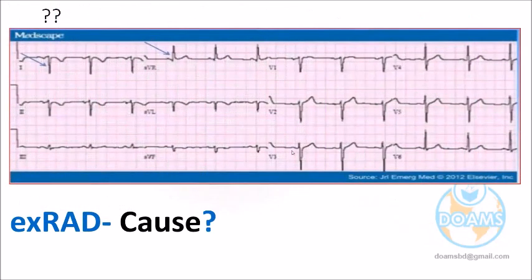So look at lead I and aVF first. What change have you seen here? Lead I is down, doctor, and aVF is also down. Both are down. How can it happen?